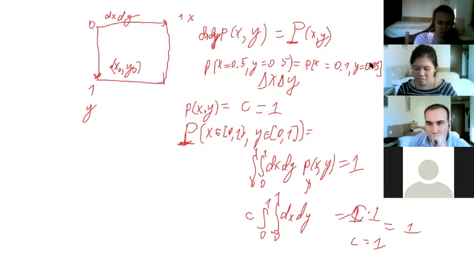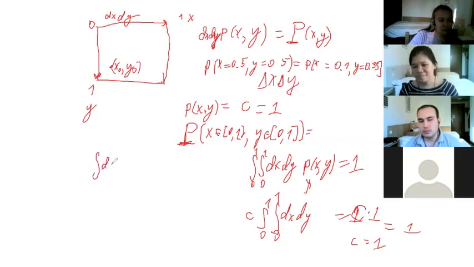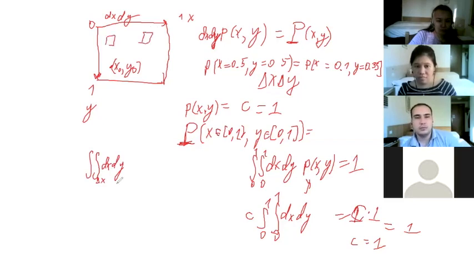Any ideas? Someone said something about density of states. Yeah, there is one special function that I hope you have heard of that describes the probability of a particle being exactly at one point and never anywhere else. So in other words, if I integrate this function, let me call it p of x, y, still abusing the symbol, over any little square inside this square, it gives me 0.